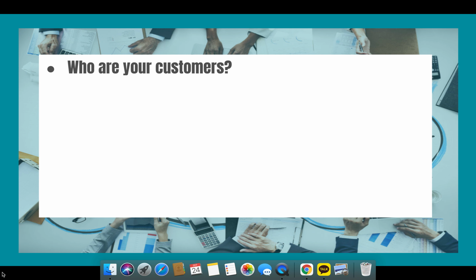Okay, or you can also look into the behavior of your particular market, like, are they frequent users, are they occasional users. There are so many segmentation strategies that you can adapt in choosing or in identifying who your customers are.